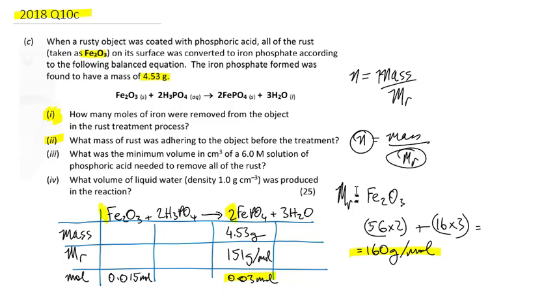Okay, so that's the relative molecular mass of it. So we can plug in our values. Moles is 0.015 moles equals mass over relative molecular mass.